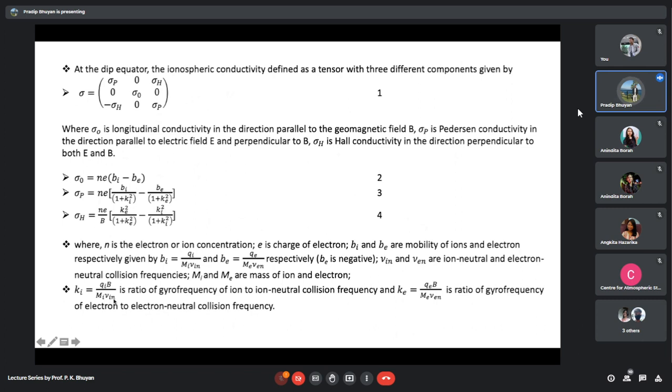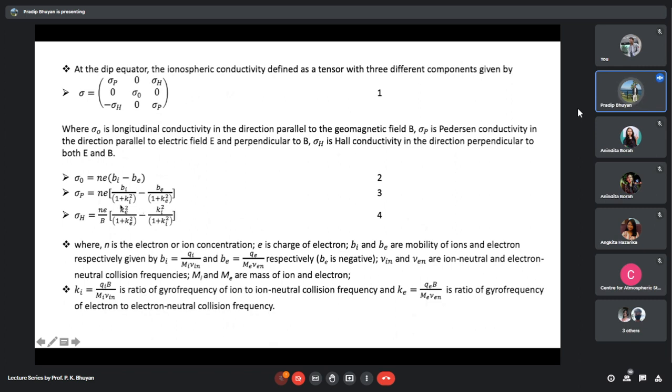This is in, so ion and neutral. Here for Ke, the collision frequency in the denominator is between electron and neutral. Qe is the charge of the electron, B remains the same, me is the mass of the electron. Qi is the charge of the ion, Mi is the mass of the ion.